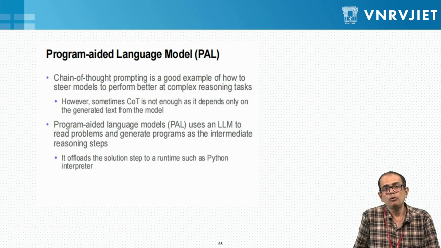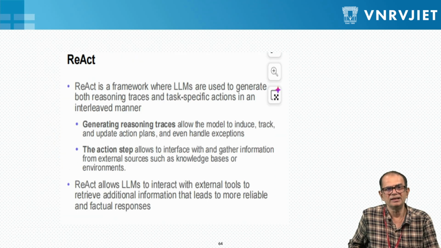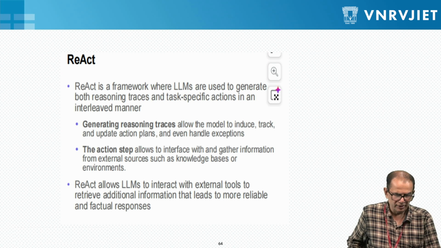Okay. Now when I deliver the right prompt, the prompt is also able to generate the language model for us. So program aided language model. So here what happens is that it will generate the program for me, that particular LLM will basically be able to do that. I'm going to talk about a particular React framework, okay, where the LLMs are used to generate both reasoning traces and task specific actions in an interleaved manner.